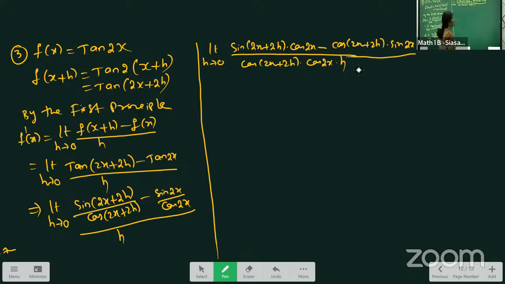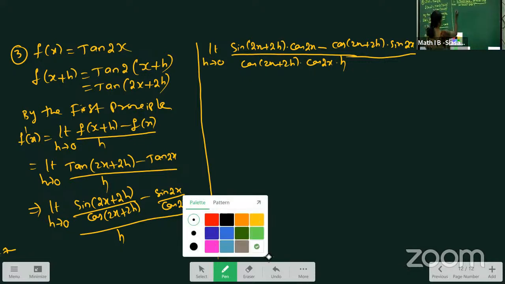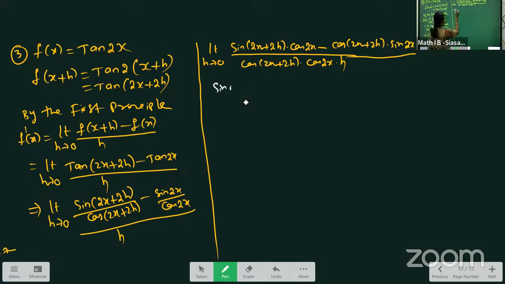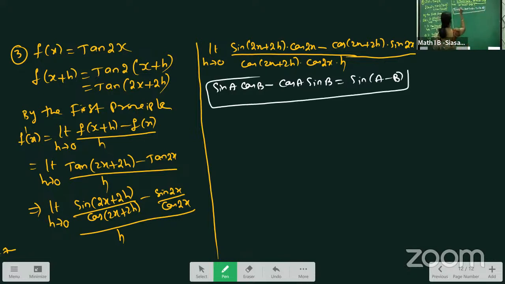Any formula here? How to simplify the numerator? It is in the form of sin A cos B minus cos A sin B, which can be written as sin of A minus B. So by applying the sin of A minus B formula, the above step is simplified.